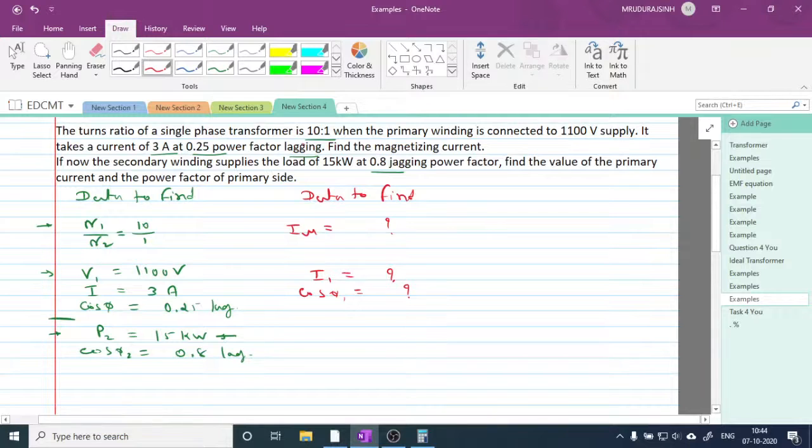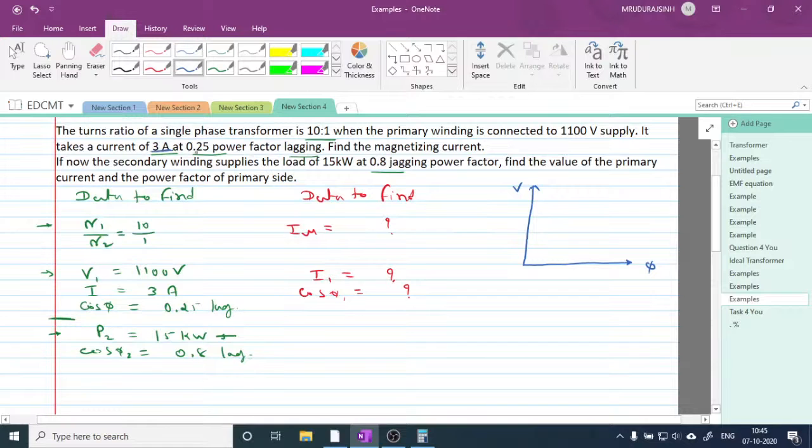So first let's be clear what exactly this example is, what it wants to say and what exactly it wants us to find. For that we'll draw the vector diagram first. Here we have the flux phi. We draw the primary voltage V. The data given to us, it takes a current and no condition is given.